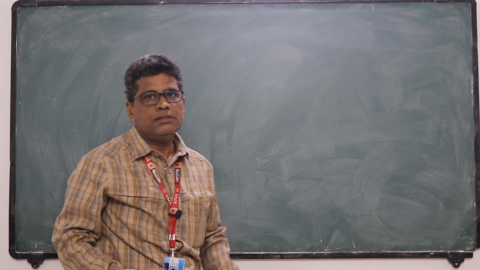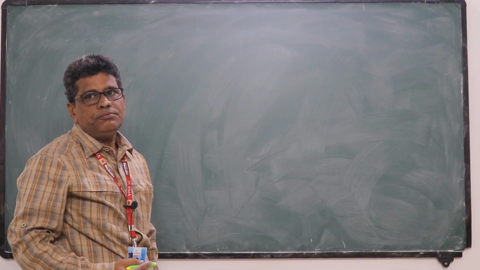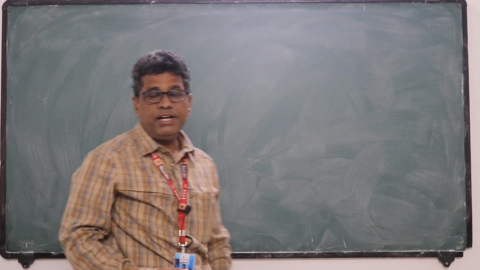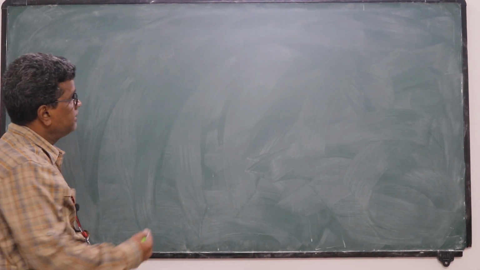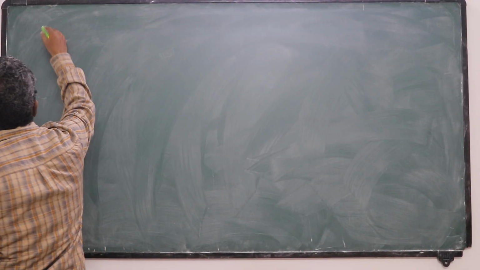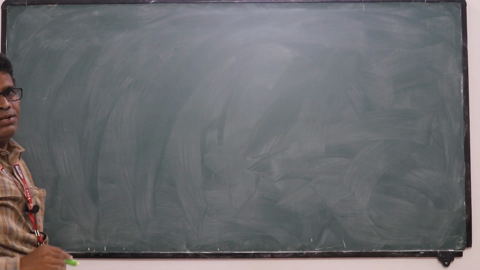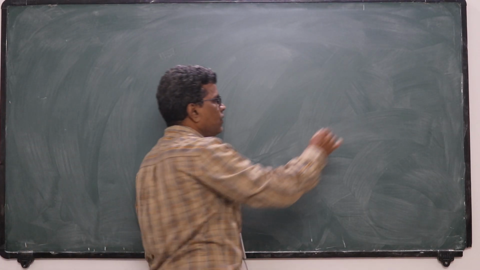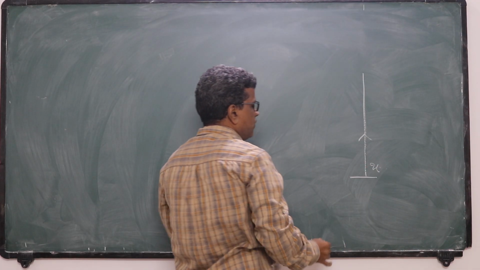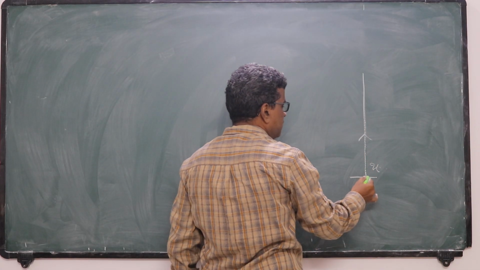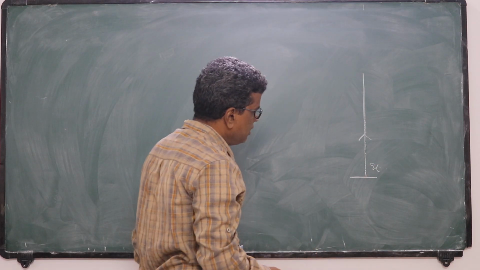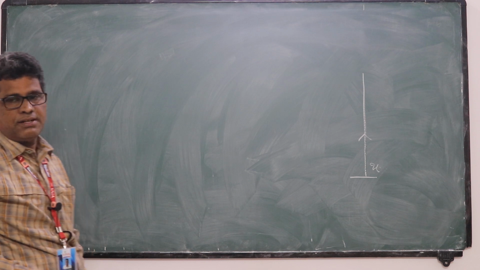So next one. We know that time of ascent is equal to time of descent, provided air resistance is neglected, isn't it? So if an object is projected with velocity u, while returning, it will hit the same ground with the same velocity, provided air resistance is neglected.